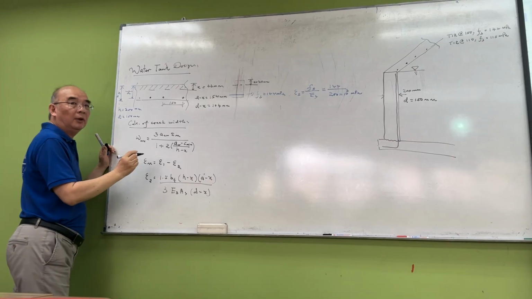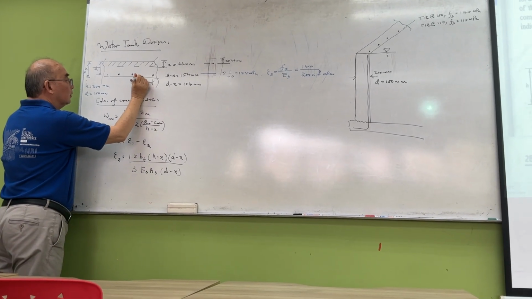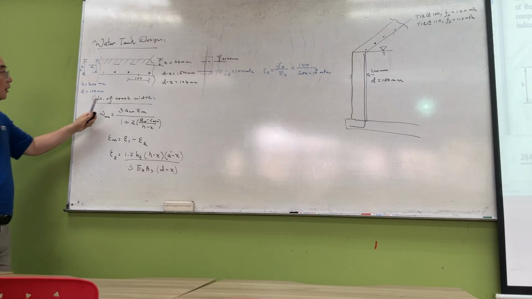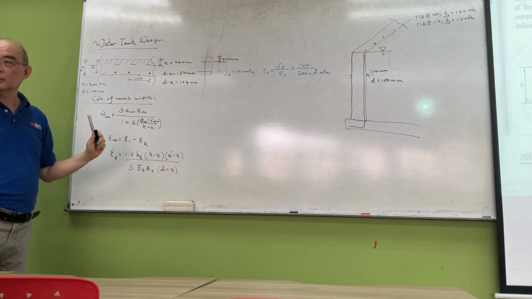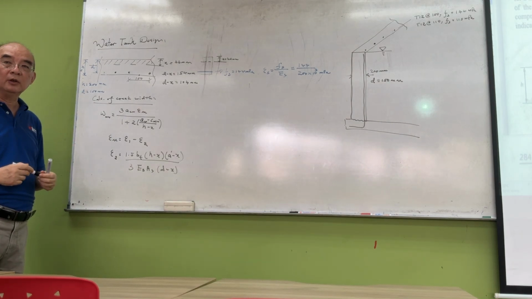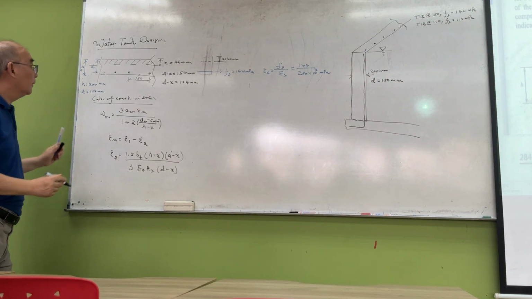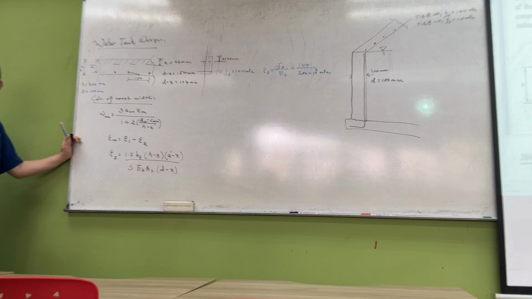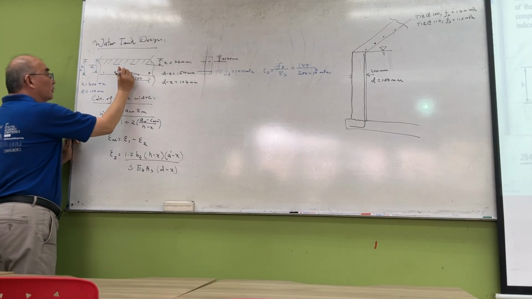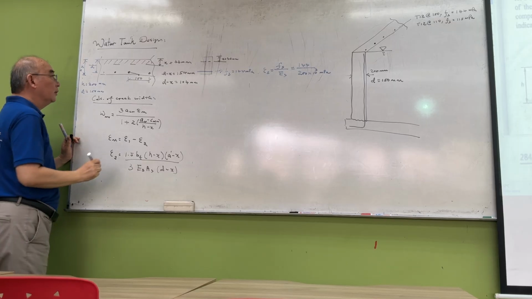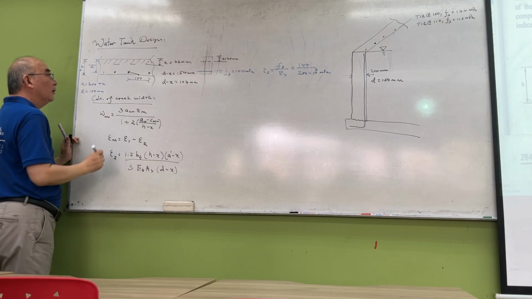So I want to evaluate A crack. I want to evaluate the crack between the two bars, because that is where it is the most critical. So A crack is this distance, and this distance to the surface. How do we calculate A crack?